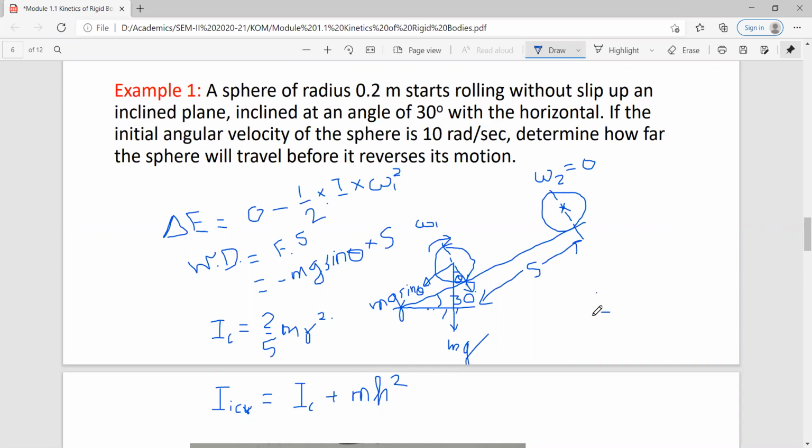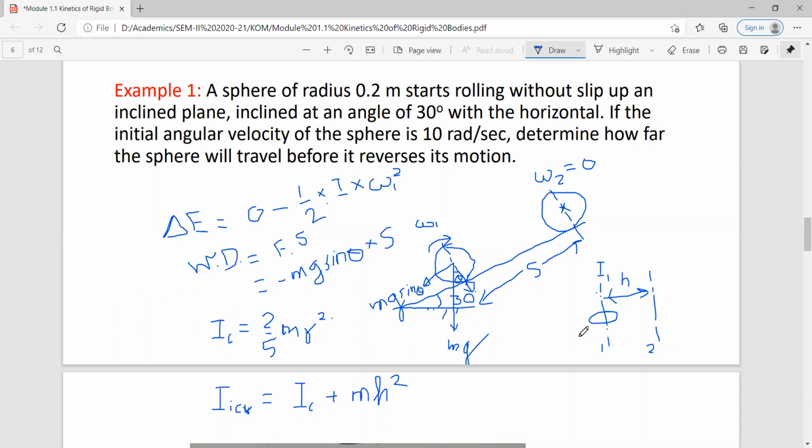For example, say it is an object, and this is its axis of rotation. About this particular axis of rotation, say the mass moment of inertia is I1. This is axis 1. Now suppose you want to find out the mass moment of inertia about any other axis 2, and the distance between these two axes is h.